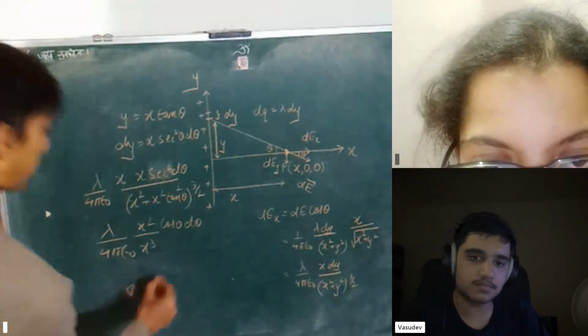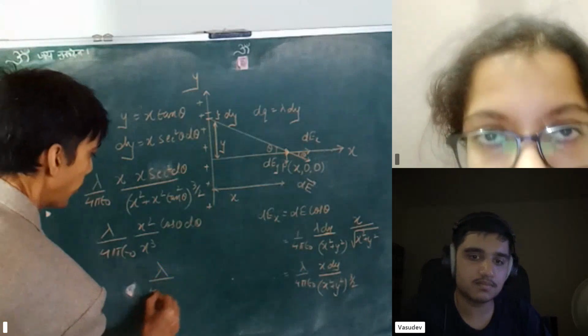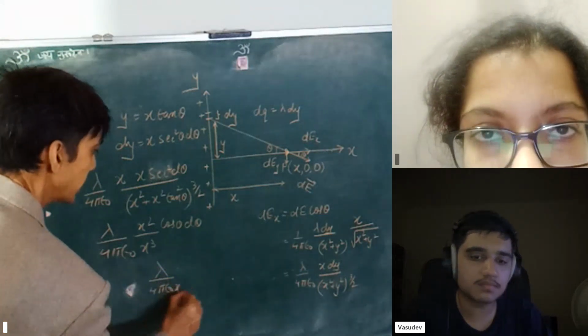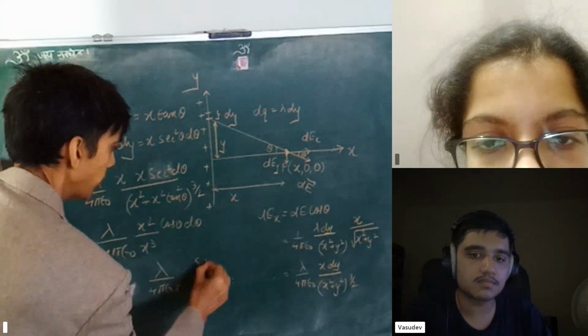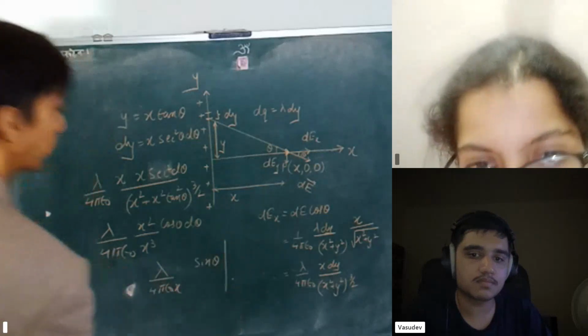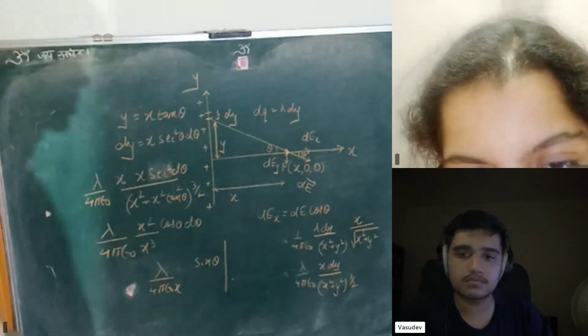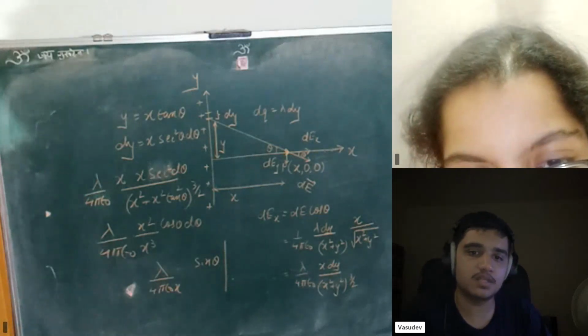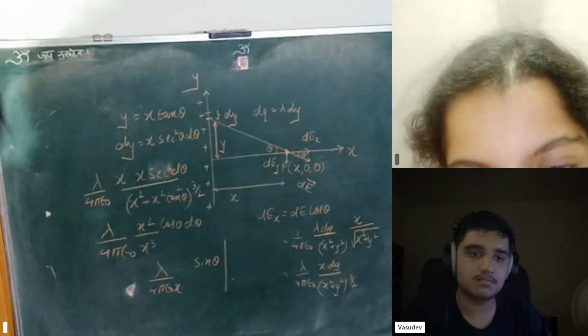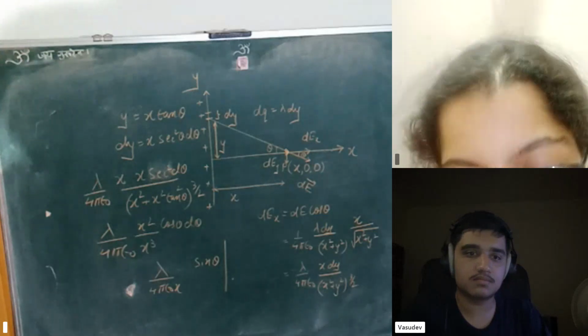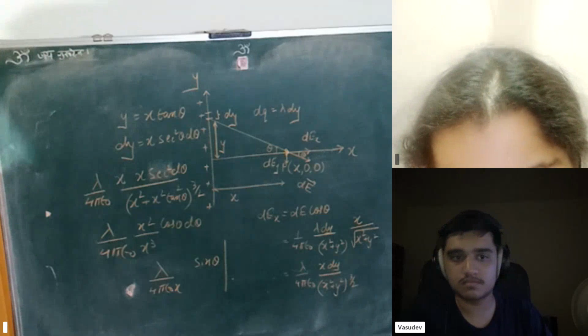Now from here, lambda divided by 4 pi epsilon naught x and sine of the angle theta, you know from where to where you are to integrate it. Please do check, class. Yes, minus 90 to plus 90. Minus 90 when you look down is minus pi by 2, when you look up it is plus pi by 2.